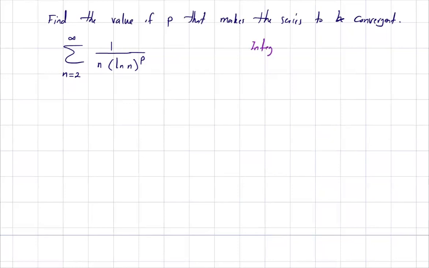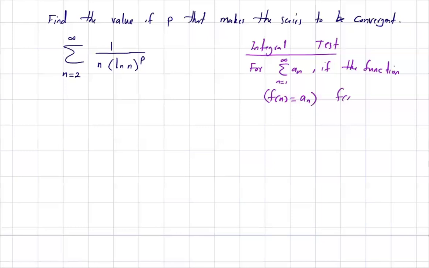For the integral test, we saw that for a series like an, n starts from 1 and goes to infinity, if the function f of n, which is an, f of x, is positive, continuous, and decreasing, then we have the following.